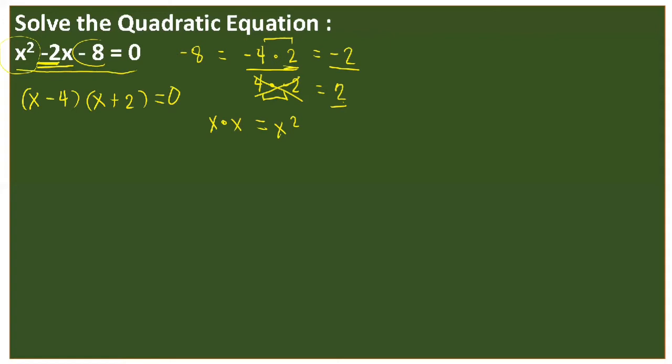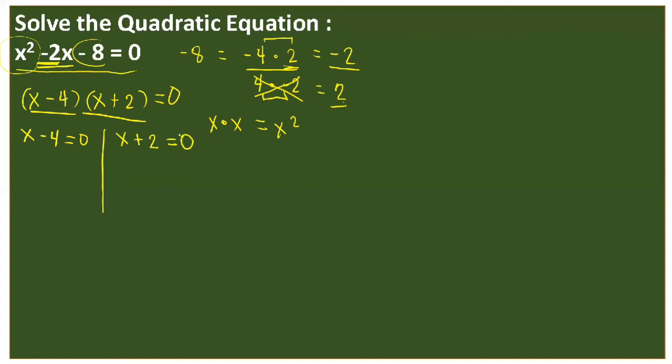Now, to solve the value of x, or to find the roots of this equation, let's equate each factor to 0. The first factor becomes x minus 4 equal to 0, and the second factor is x plus 2 equal to 0.